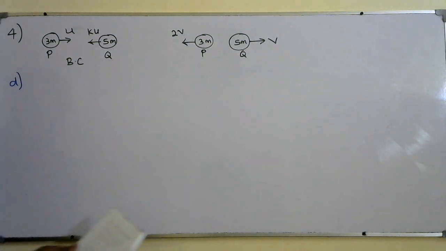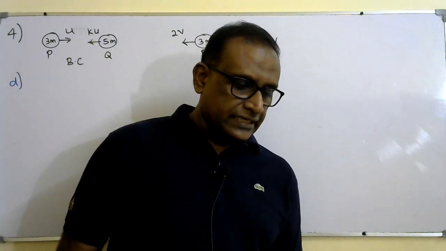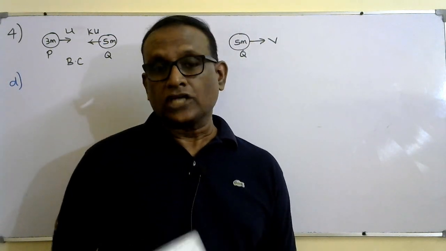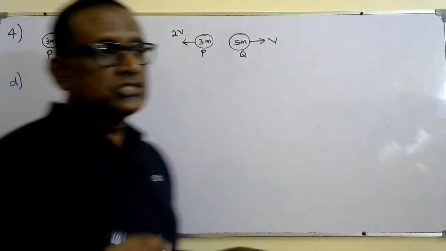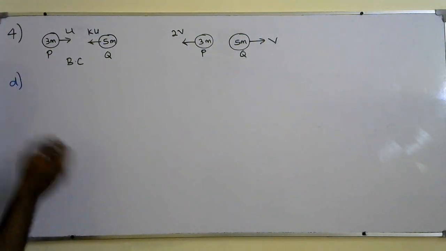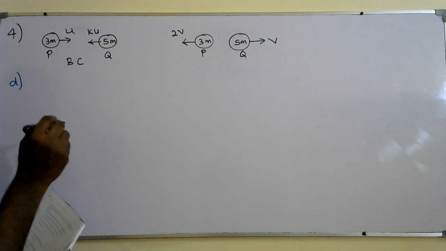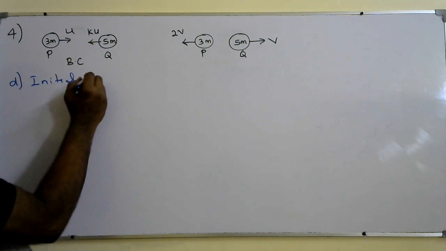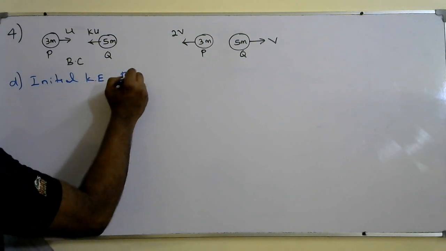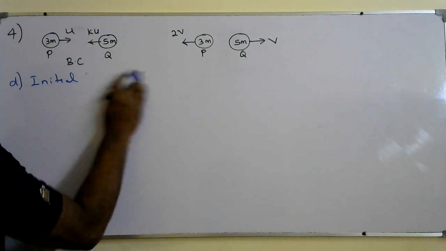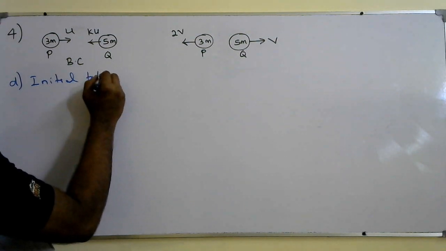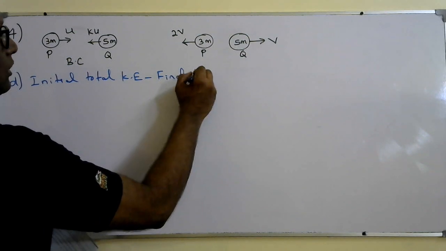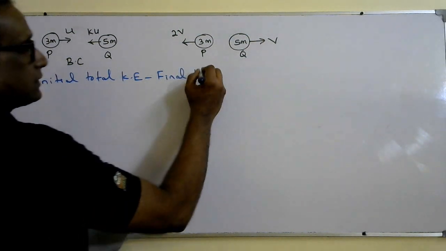Okay, part D, the total kinetic energy lost in the collision is lambda mv squared. Find the value of lambda. Lost means initial minus final. So initial total kinetic energy minus final total kinetic energy is equal to lambda mv squared. We have to consider both particles.